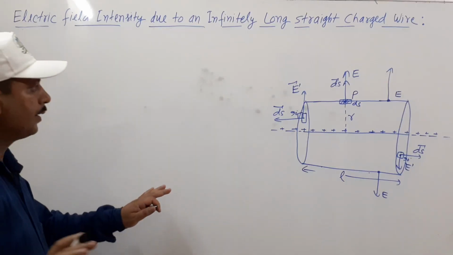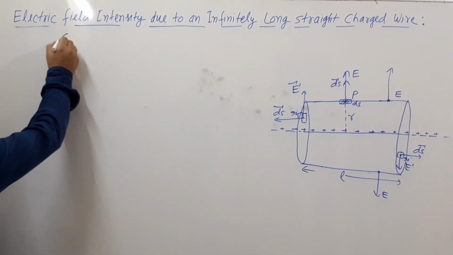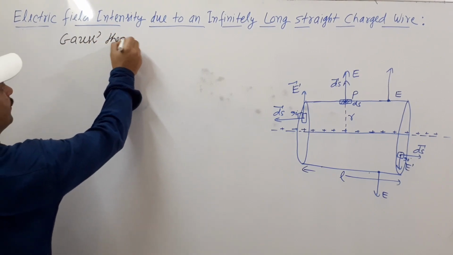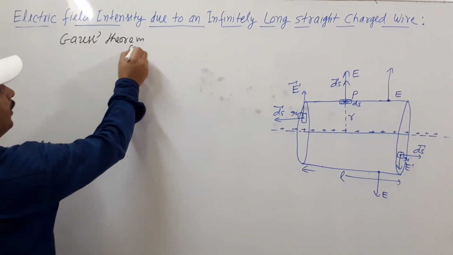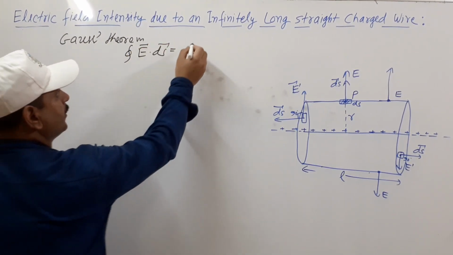See here, if I am applying Gauss theorem, by Gauss theorem what happens? The closed surface integral of E dot ds is equal to what?